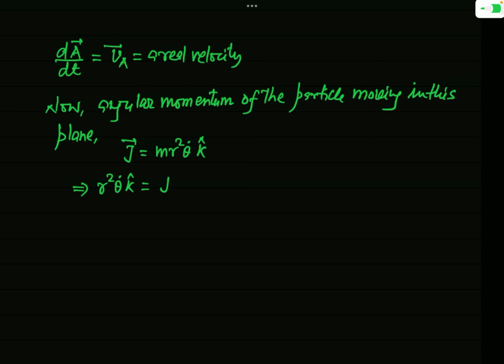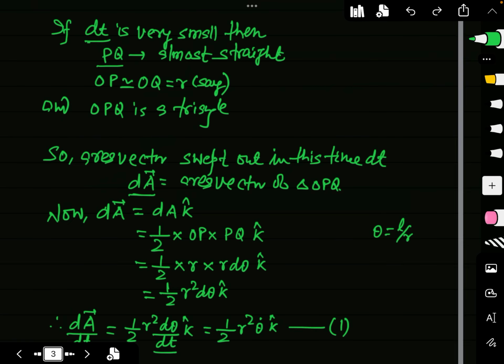This is equal to J over m, and I have denoted this J over m by the symbol h. This is angular momentum per unit mass. Okay, so you can write in the light of this equation 2, equation 1 in this way.